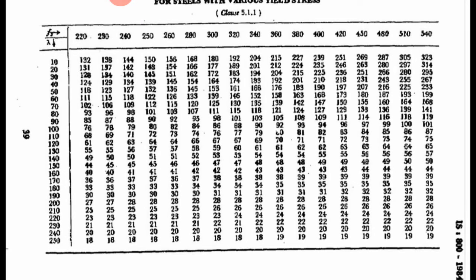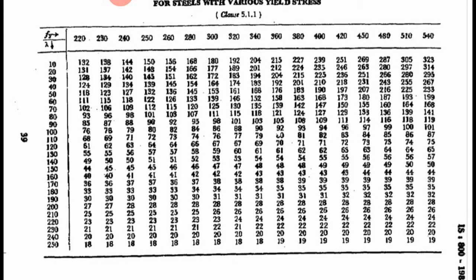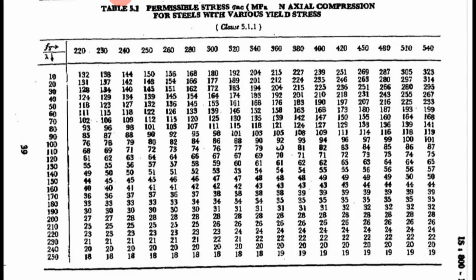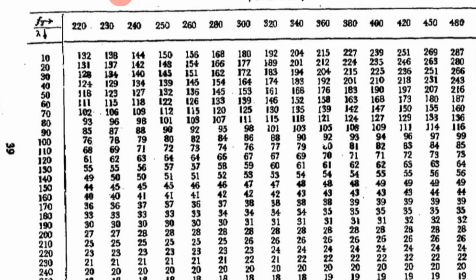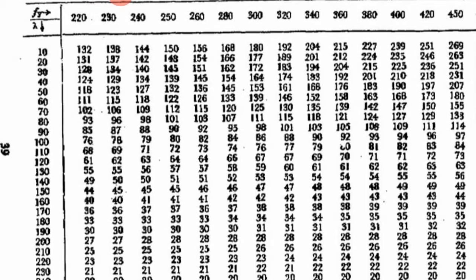The value of sigma AC for Fy 250 and lambda class 30 is, see third line, 145. For lambda class 40, the value of sigma AC for Fy 250 is 139.